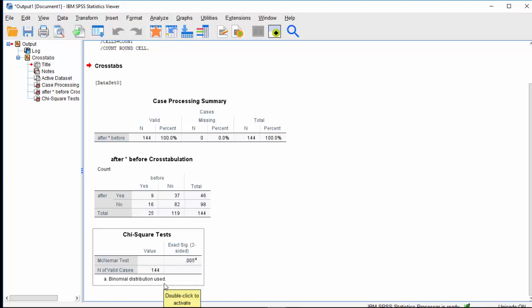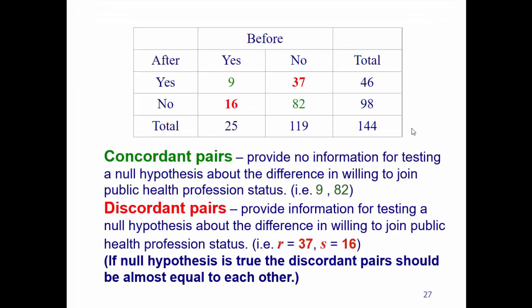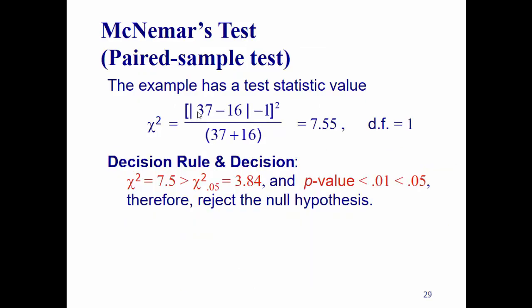Okay, when the sample size is large, there's actually an asymptotic test, the chi-square test, for it. So the outcome should be pretty similar in this situation. Now, the actual chi-square statistic is based on the discordant pairs. If the chi-square statistic is calculated, its value is 7.55, tested at degrees of freedom 1.